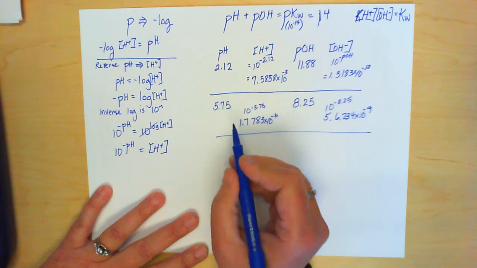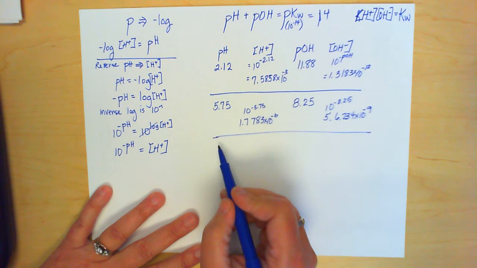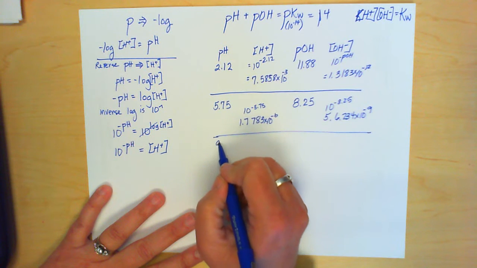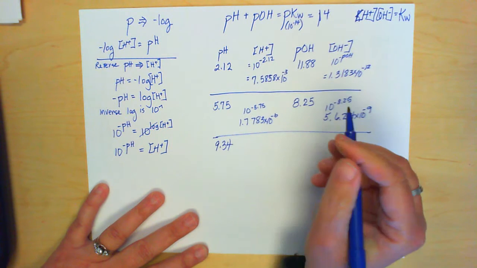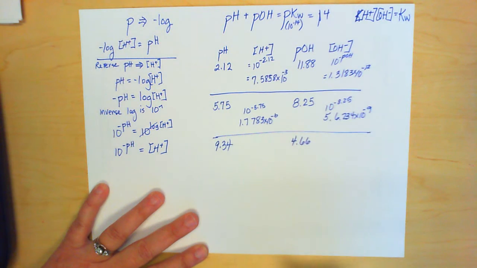We're going to do one more in the basic. Remember, this is acidic, this is still acidic. 7 would be neutral. Let's do 9.34 as my pH. If that's the case, my pOH is 4.66.